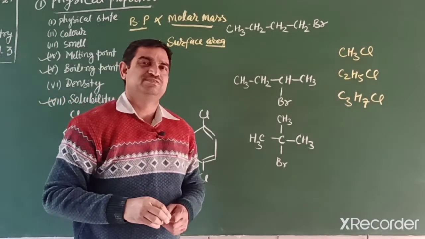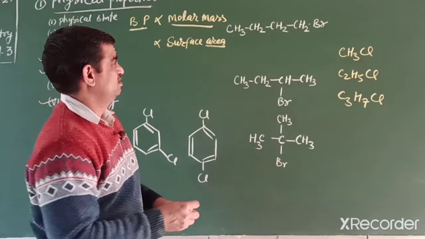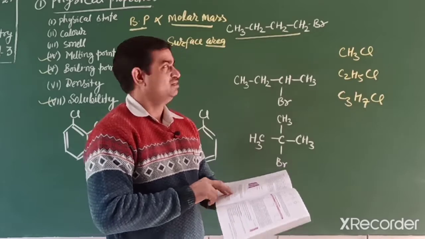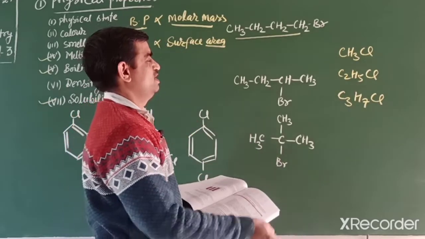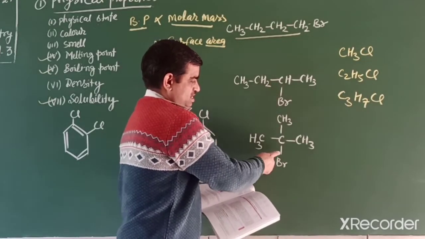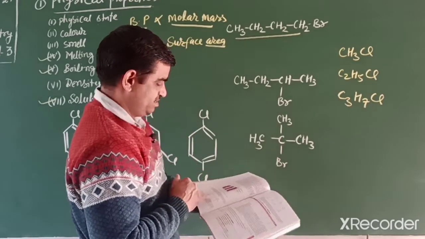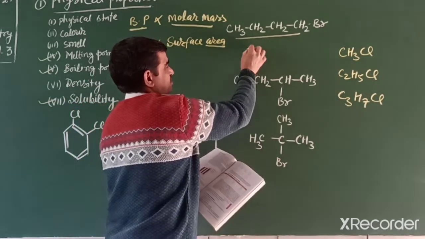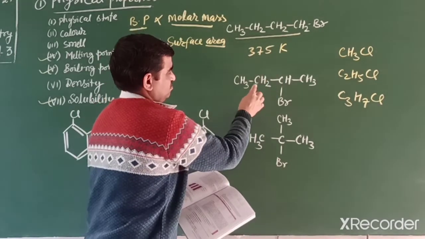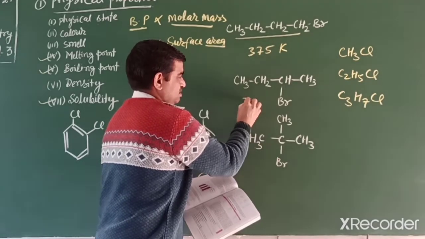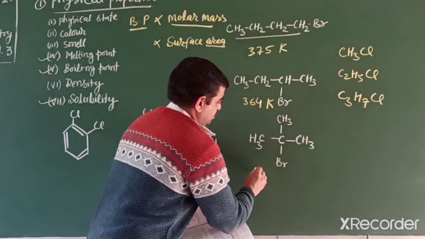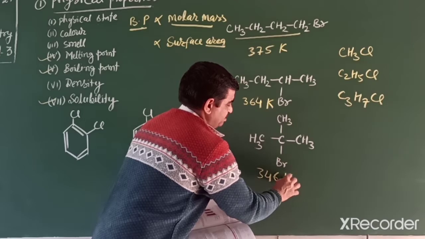How can we explain this surface area with an example? One example is given in your NCERT book: n-butyl bromide or 1-bromobutane, 2-bromobutane, and tertiary butyl bromide. Students, their boiling points are given. First one 375 Kelvin, second one, 2-bromobutane, 364 Kelvin, third one 346 Kelvin.